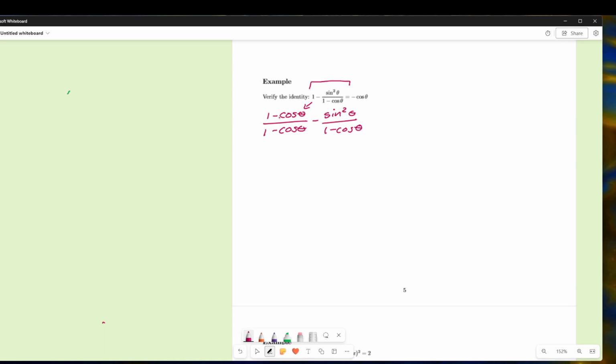But then I'll have 1 minus cosine theta minus sine squared theta over that common denominator. And that starts to look like it might not be as helpful as it could be. But often getting common denominators is helpful, so not necessarily a bad idea. We might notice that 1 minus cosine theta is one of the conjugate pairs for our Pythagorean identity.